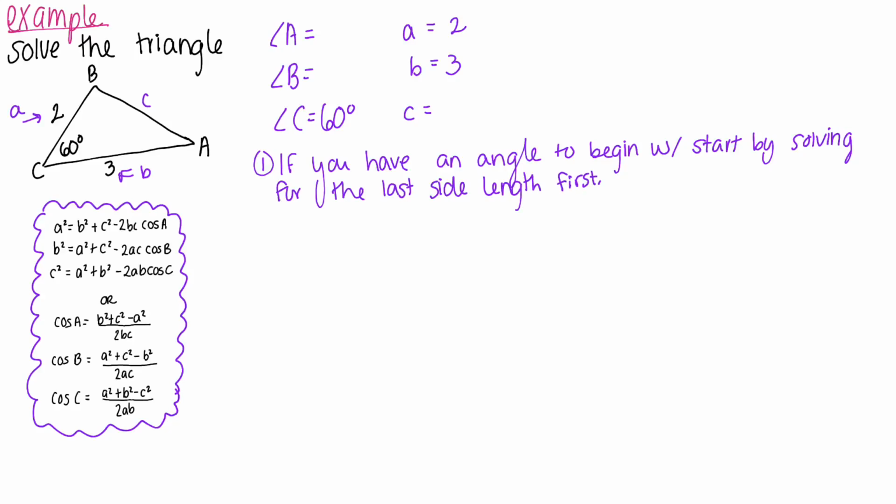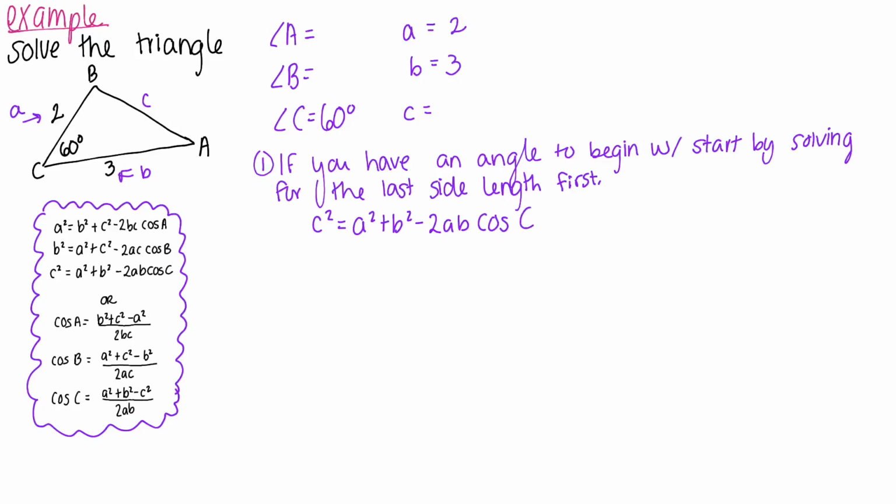Looking at solving for side length c, you're looking at these formulas here. The side length c formula you want to use is this one right down here, this c squared formula. So c squared is equal to a squared plus b squared minus 2ab cosine of angle C.